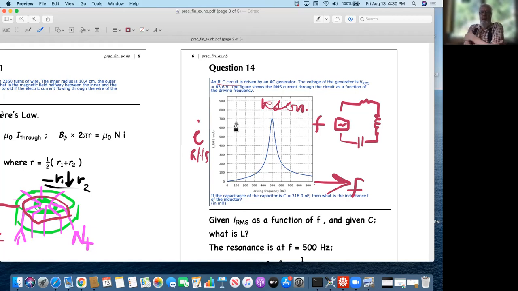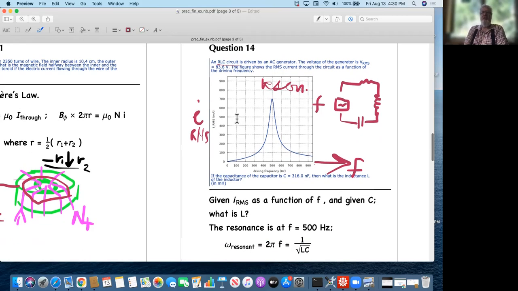I don't have all the equations written down for RLC circuits, but this is something you probably want to have on your help sheet. What's the impedance?